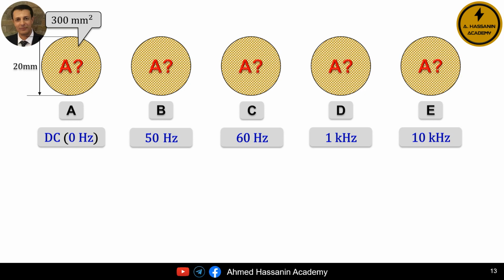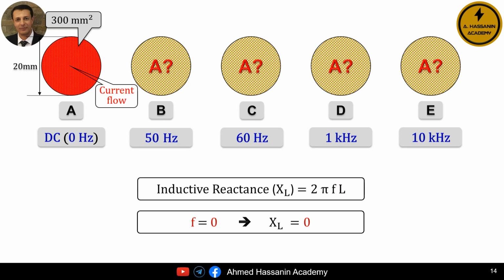The question here is, we want to understand the shape or distribution of the alternating current in each conductor according to the skin effect phenomenon, naturally considering the different frequencies for each conductor. As we can see, conductor A is used in direct current DC circuits, which means that the current passing through conductor A is a direct current. Therefore, since it is direct current, the frequency will be 0.